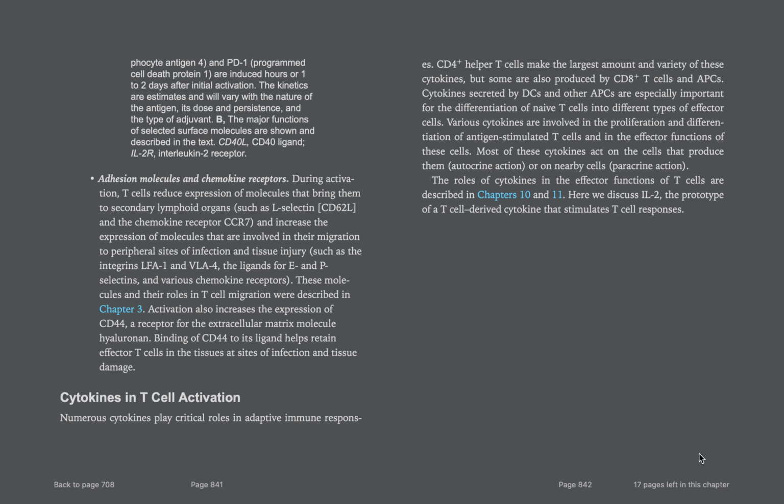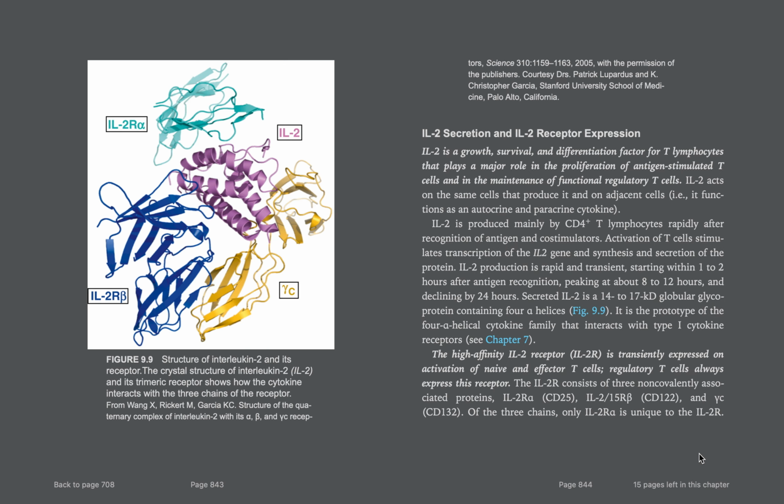Here we discuss Interleukin-2, the prototype of T cell-derived cytokines that stimulate T cell responses. So let us discuss Interleukin-2 secretion and Interleukin-2 receptor expression.